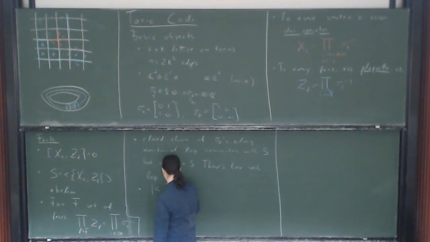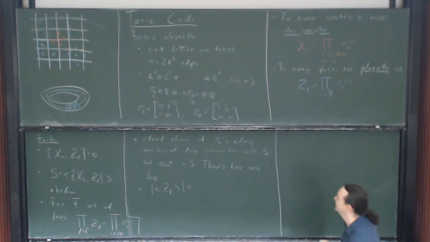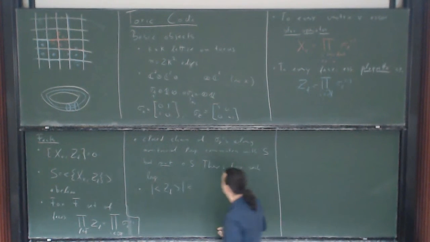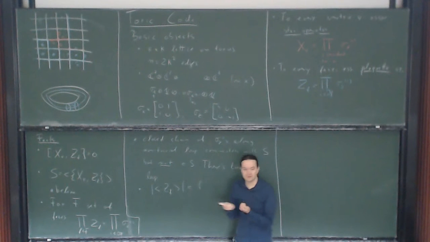Okay, so now we can count the size of the group generated by the plaquettes. So I take all the plaquette operators, I take the closure of the group. I have k squared generators, right? One for every plaquette.